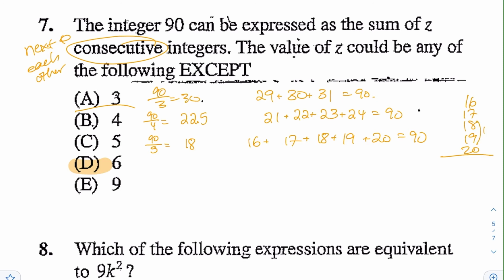All right, so this is 17. This is 13, so this would be 30, and then 3, 4, 5, 6, 7, 8, 9. So A, B, and C are all it. For choice D, if you do 90 divided by 6, you get 15. But 15 is an odd number.